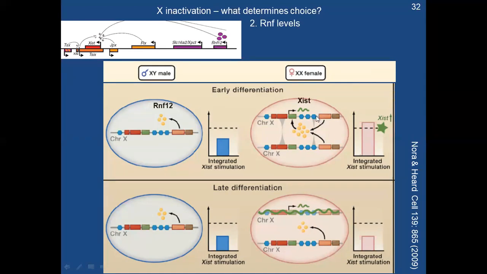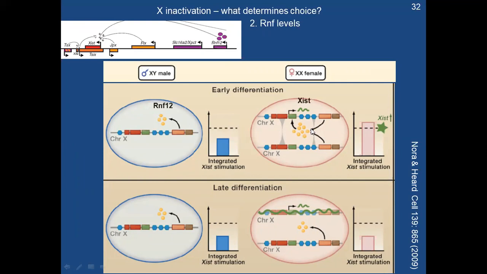So in females, you have obviously more RNF12 from the active X chromosomes. If both chromosomes are active, then you are producing a lot of RNF12. But there is a critical concentration of RNF12 protein above which it can activate Xist. Below that concentration, it cannot activate Xist transcription. Because in males there's only one copy of this gene, it never produces enough RNF12 protein to activate Xist.